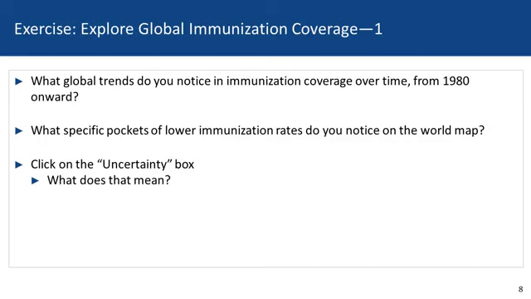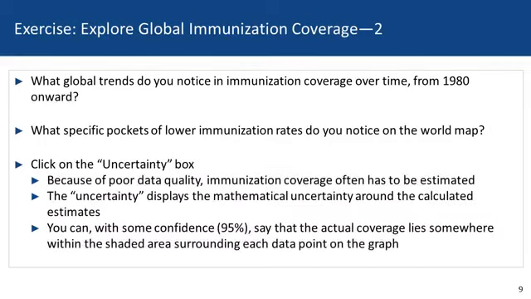What does this mean? When I think about the global trends in immunization coverage, certainly it's heartening to see the rapid increases in coverage that we have noticed over the past 30 to 40 years. However, there remain specific pockets of lower immunization rates, and there are many global efforts happening to focus on improving immunization coverage, specifically in sub-Saharan Africa and Southeast Asia.